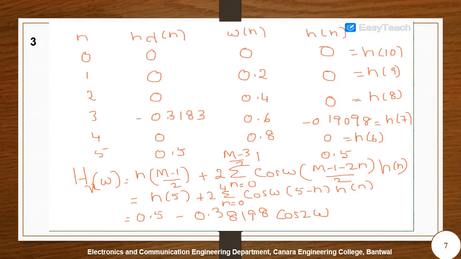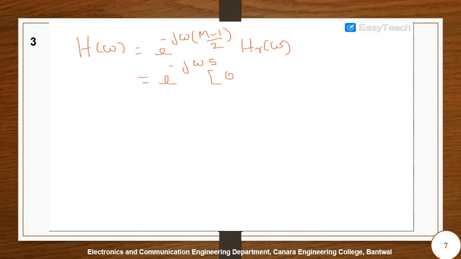So we'll find out h of omega. h of omega is e to the power minus j omega (m minus 1) by 2 times hr of omega. It is e to the power minus j omega 5 multiplied by 0.5 minus 0.38198 cos of 2 omega. This is your answer.